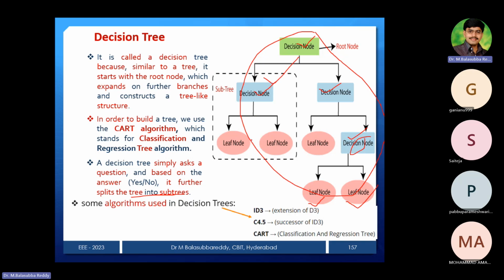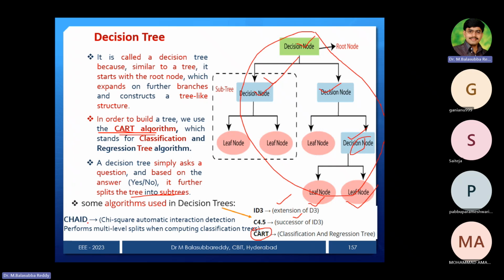So in this, there are a lot of algorithms we are going to use. This is the ID3 algorithm, and C4.5 is the extension of the ID3 algorithm, its successor. And then, as I mentioned, the CART algorithm, classification and regression tree.